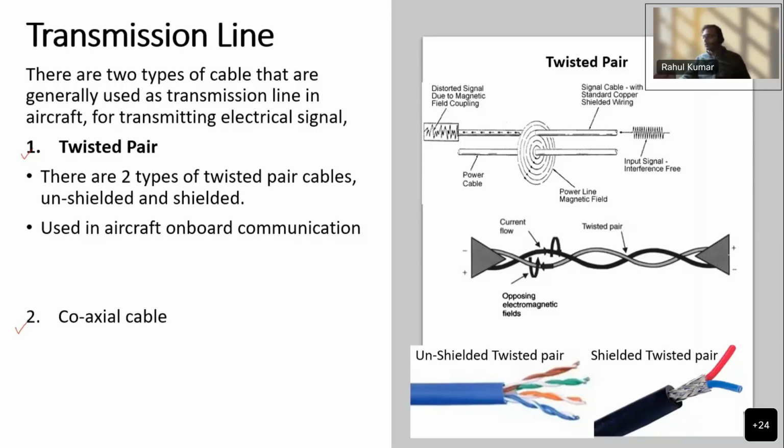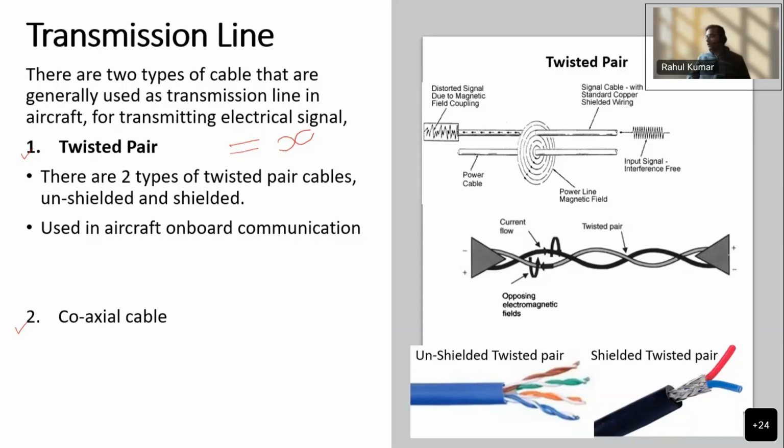Now, the benefit of twisting two parallel wires. Twisted pair basically means you have two parallel wires which are twisted together. The benefit of twisting is to reduce electromagnetic interference. As I mentioned before, when alternating current flows through a wire, an electromagnetic field is produced.